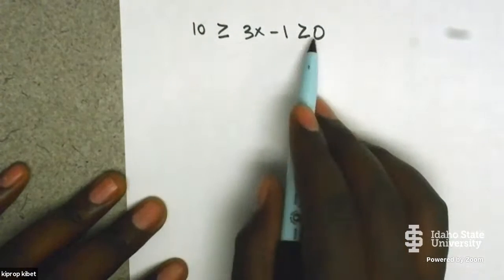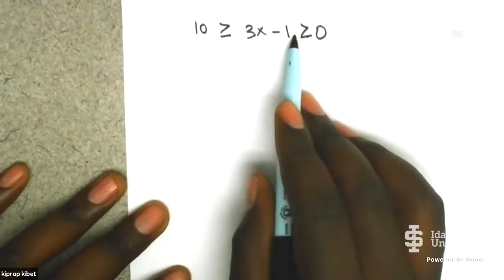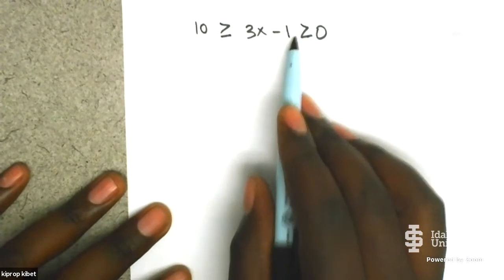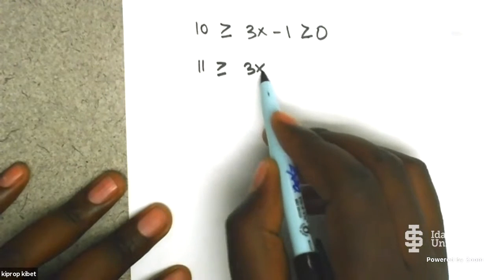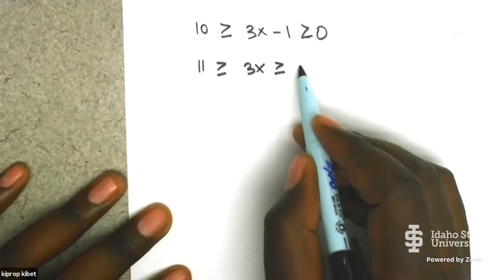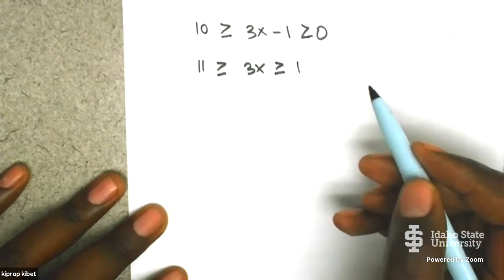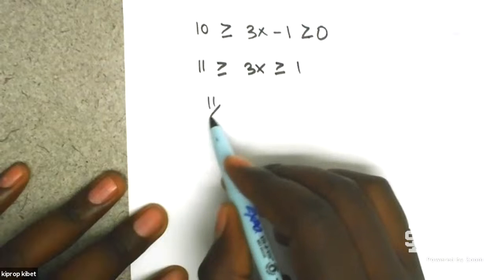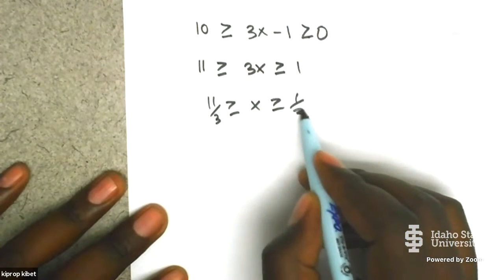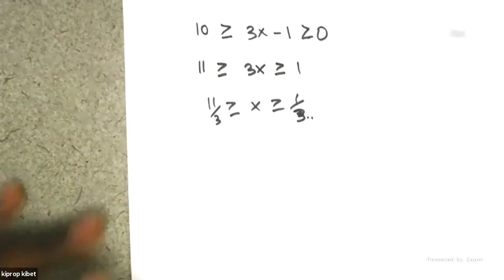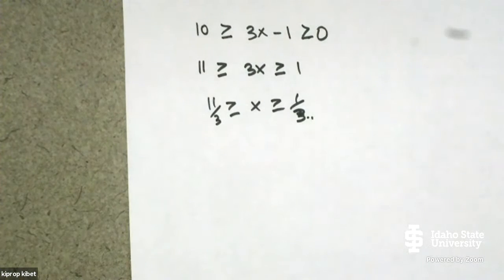So here you add 1 to all sides. So we get 11 greater than or equal to 3x greater than or equal to 1, right? Then we divide, so 11 over 3 greater than or equal to x greater than or equal to 1 over 3. Then you represent that one on the number line.